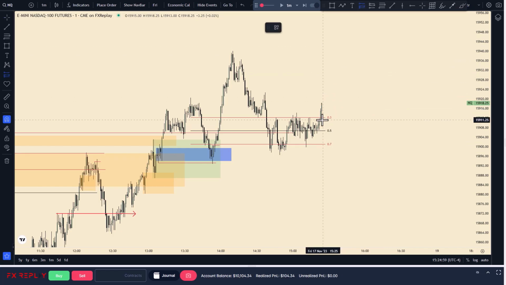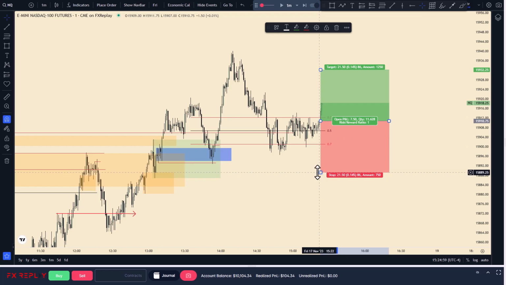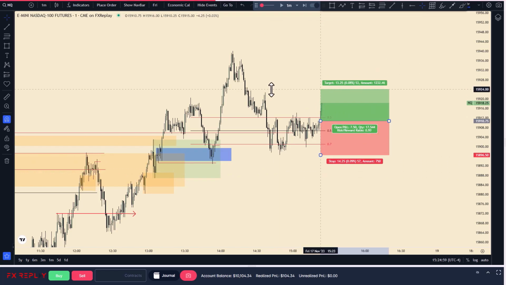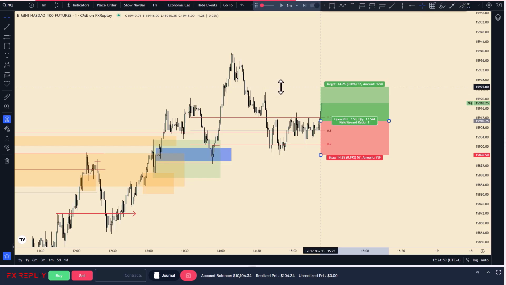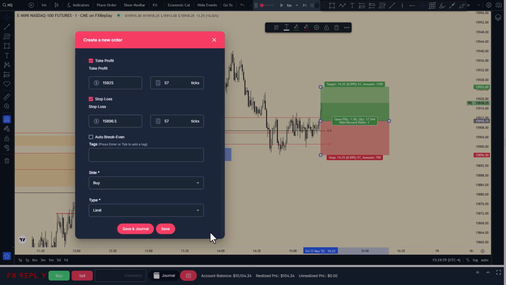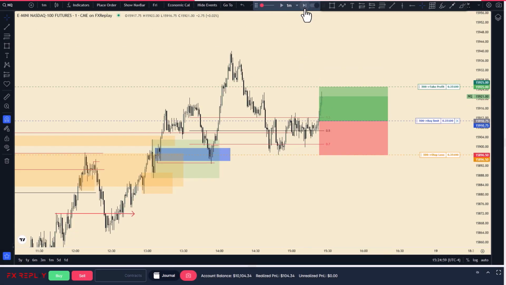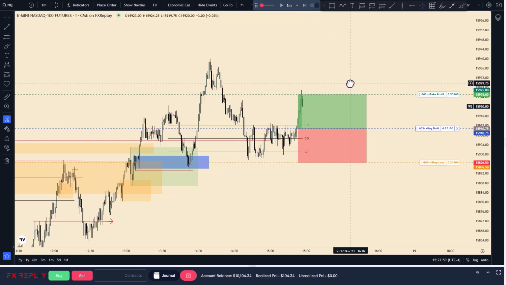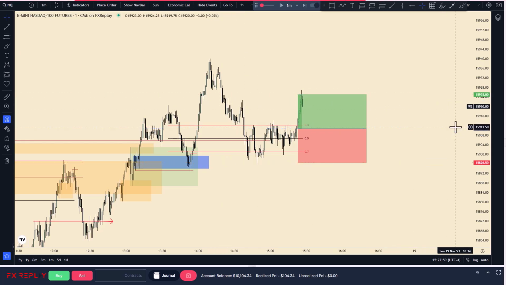I'm targeting the imbalance. Okay, so unfortunately we didn't have that once again. We tapped into the imbalance, liquidating these low resistance liquidity. So let's remove this.